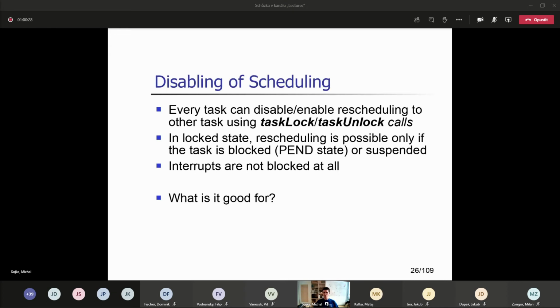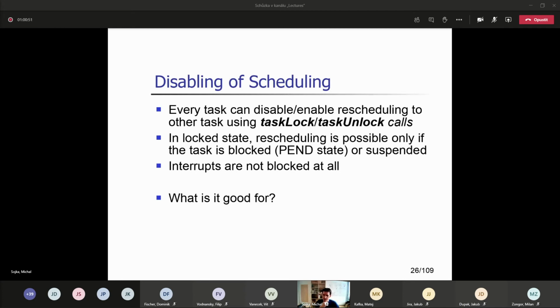Then let's look at some other functions which are available. There is a way to disable scheduling under VxWorks. The function to do this is called taskLock. To enable scheduling is called taskUnlock.